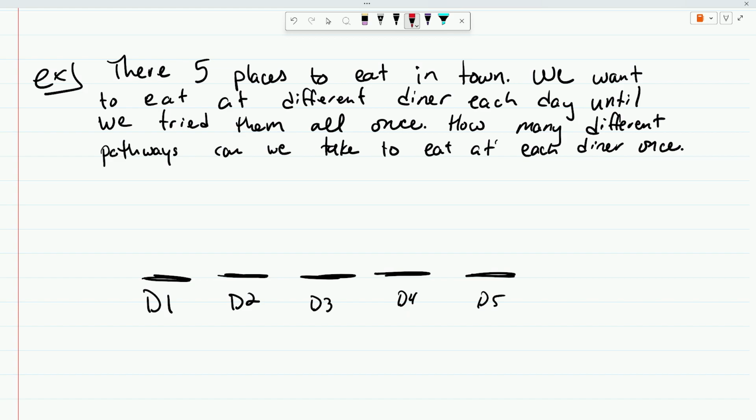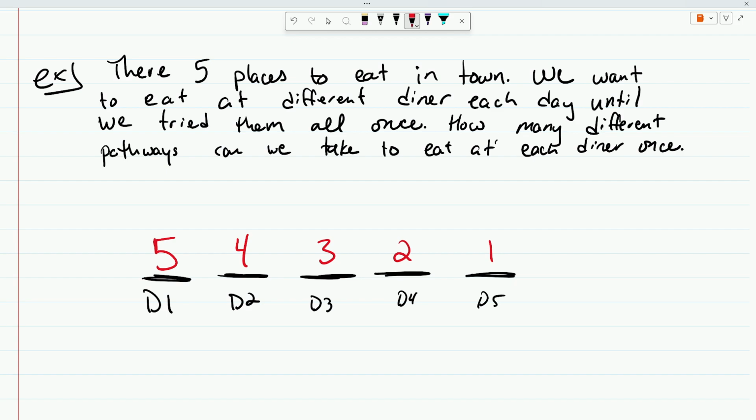We can choose from any one of the 5 restaurants that we want. So day 1, we have 5 different restaurants. Now, on day 2, we know we can no longer go to the one that we went to the previous day. All right? So let's say we went to Wendy's. Well, Wendy's is out now. Can't go there. So how many options do we have left? Well, we have 4 options.